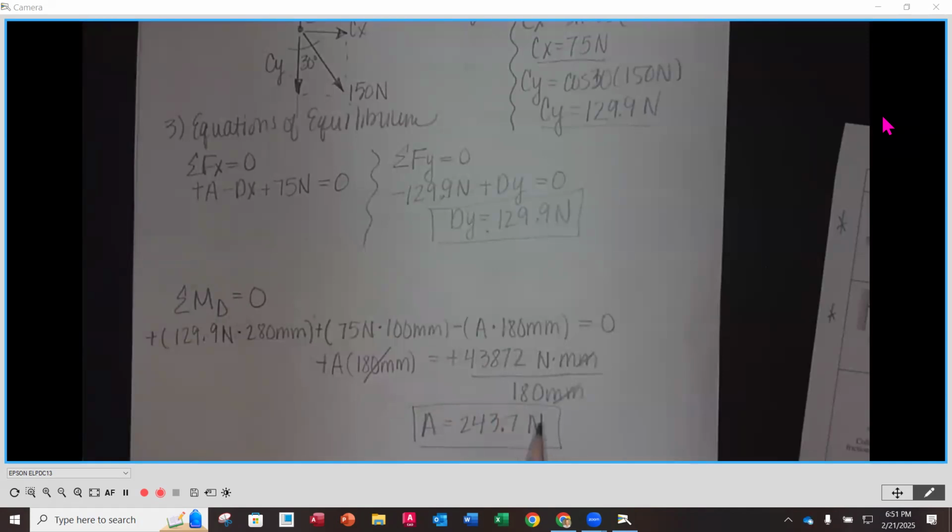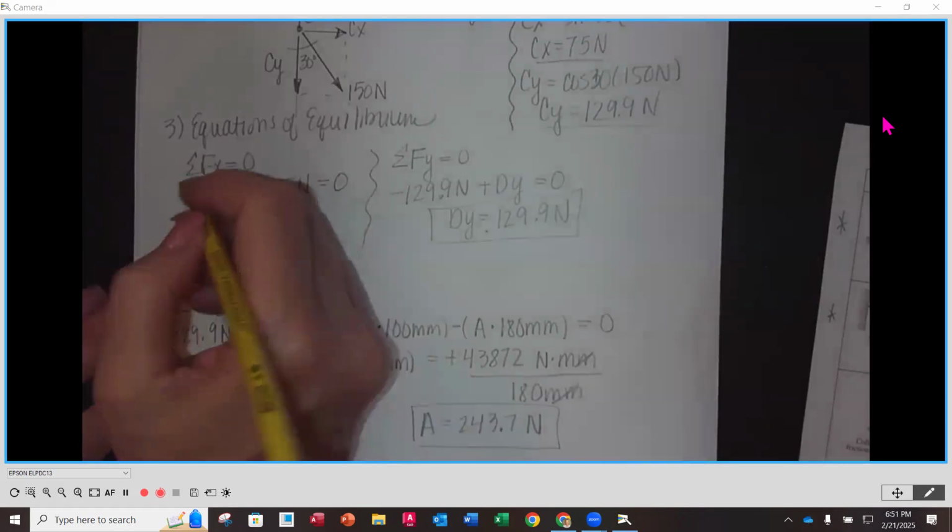Okay. Once we have our A here, now we can substitute it back up into here to solve for Dx. So go ahead and do that.